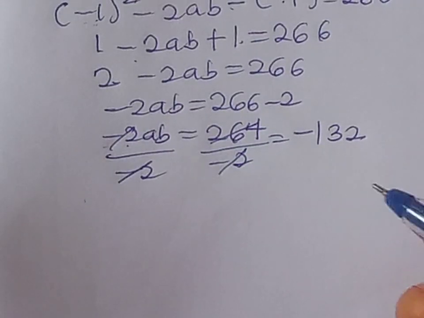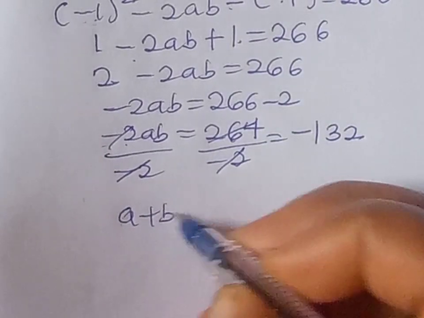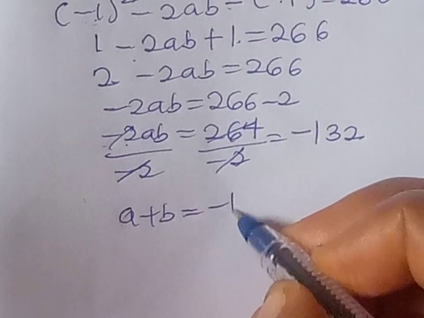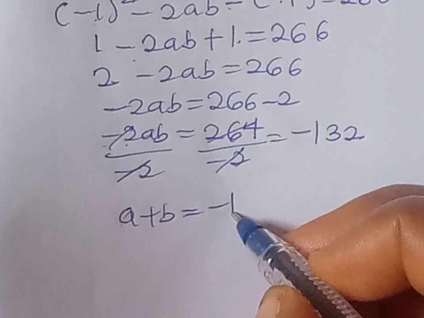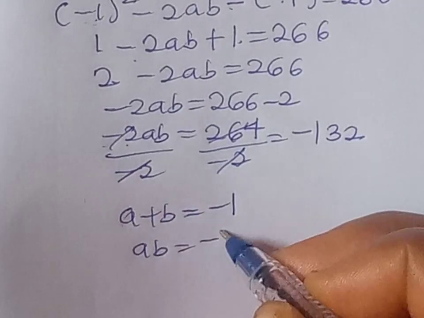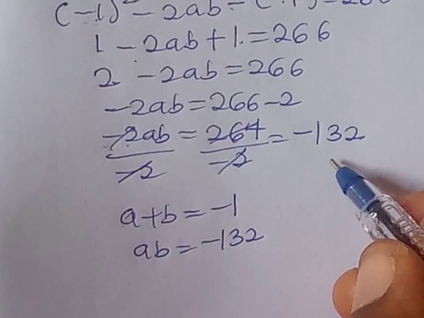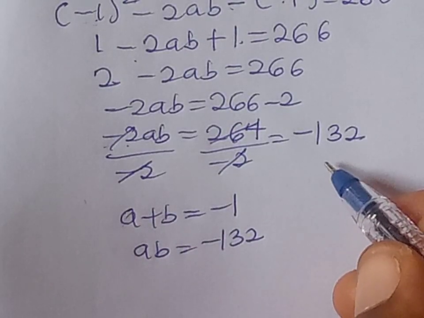Now we have a classic system which says a plus b equals minus 1, which we got from case 2, and then ab equals minus 132, which we got after solving case 2.